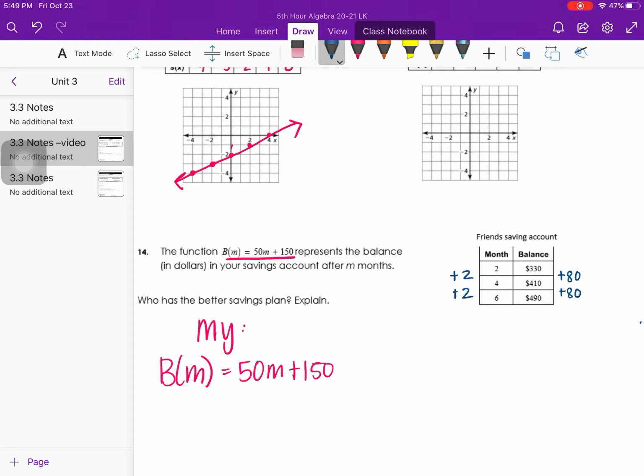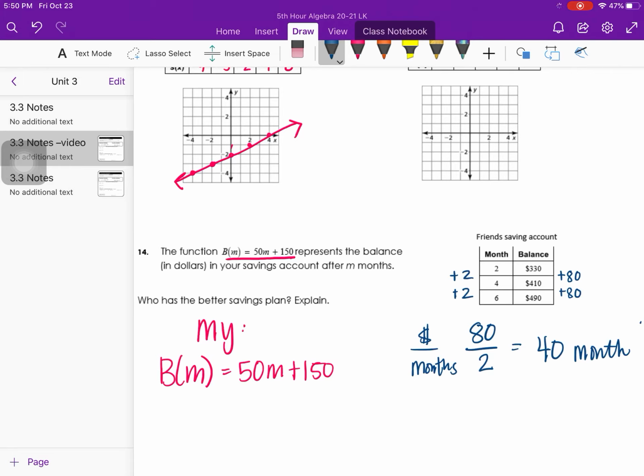So if I'm going to put the amount gained, so that's money over months, that means I'm saving $40 a month.